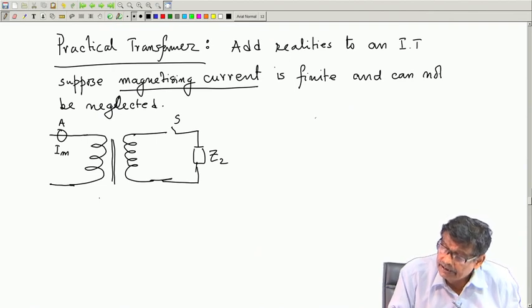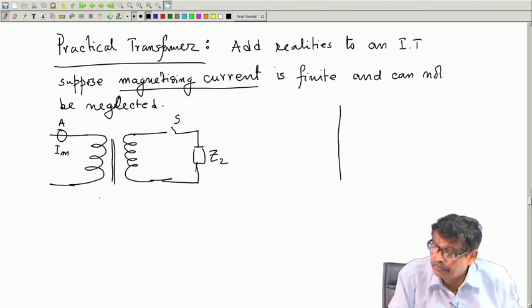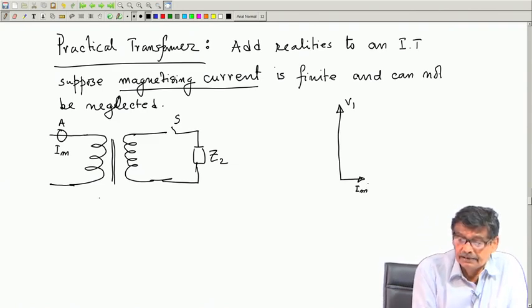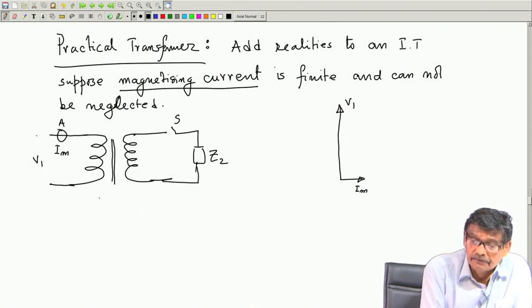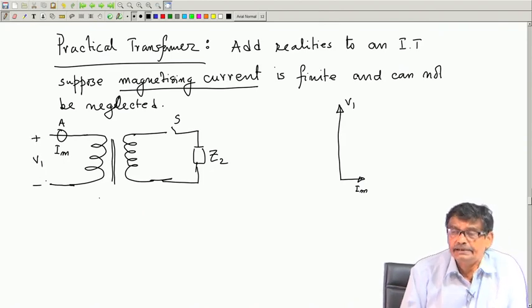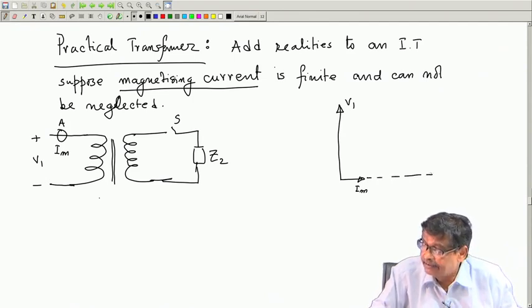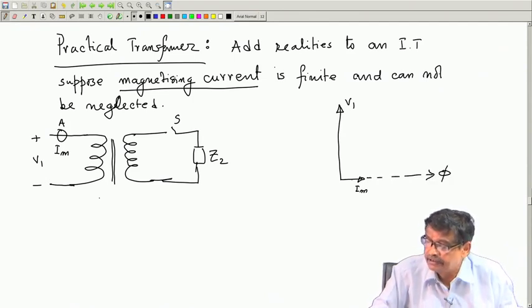So, in the phasor diagram, if I draw, this is suppose V 1, there is now a finite magnetizing current I m, which will be lagging the supply voltage V 1 by 90 degrees, after all it is an inductance, and this is the axis along which the flux phasor can be shown.